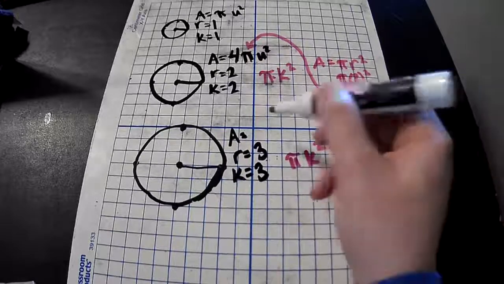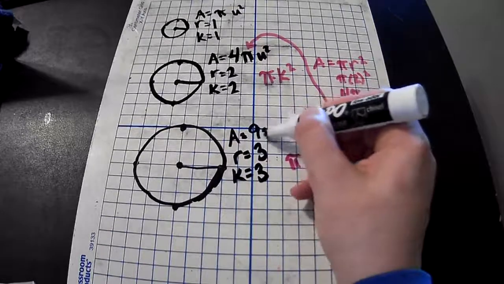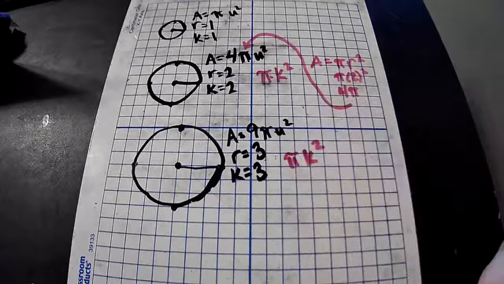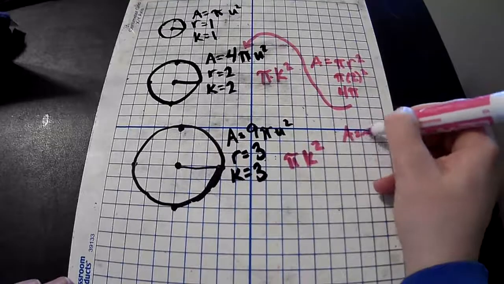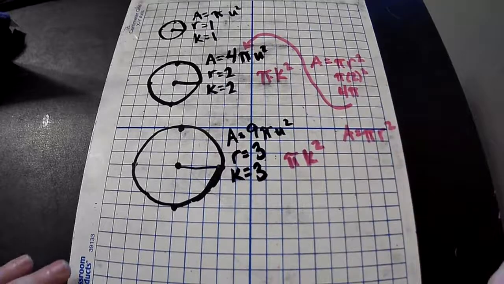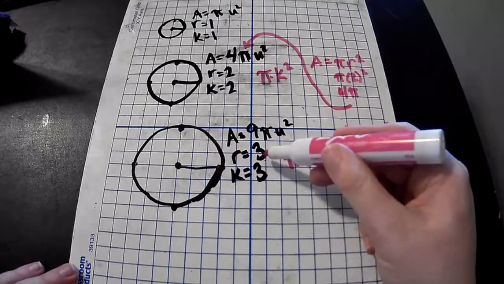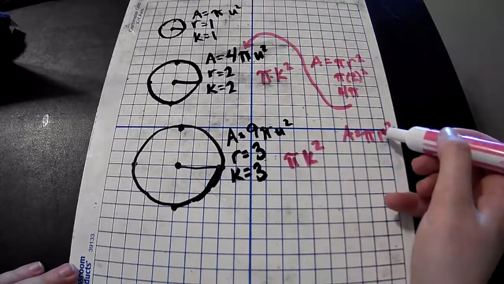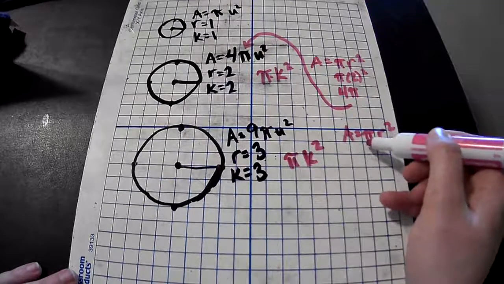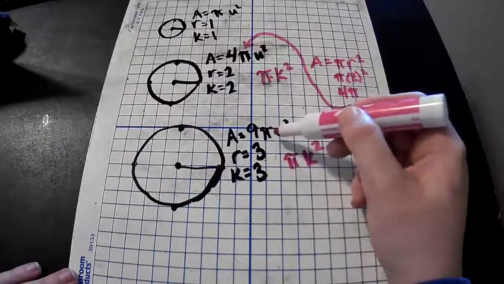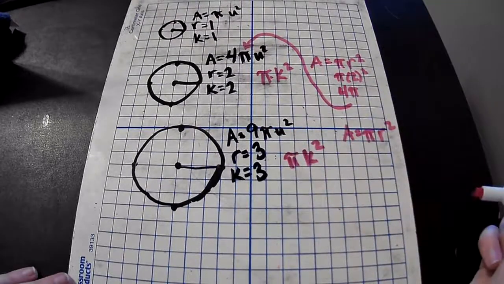Well, 3 squared is 9, so the area is 9 pi square units. And again, if we compare that to the area formula, area equals pi times the radius squared. Well, the radius was 3. If I plug that in, I have the exact same problem again. 3 squared times pi is going to give me 9 pi square units for my area.